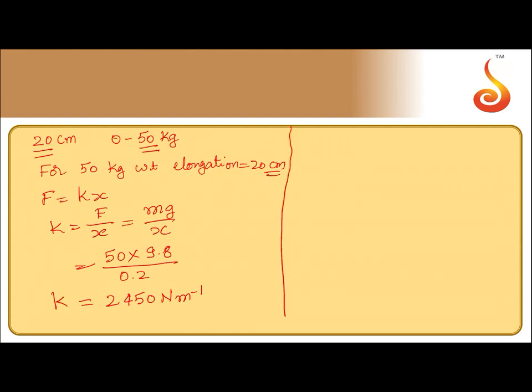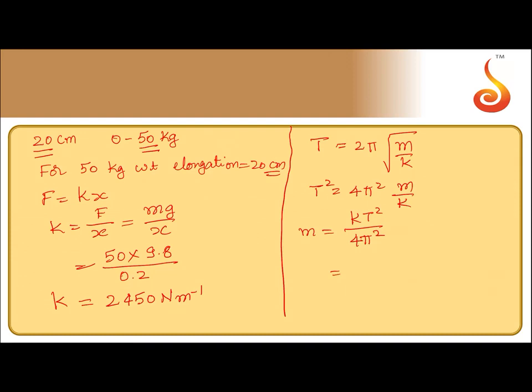Now, when a mass is suspended from a spring balance, time period of oscillation is given by T is equal to 2 pi root of M by K. You need to find M. Solve for M from this. T square is equal to 4 pi square M by K. So M is equal to K T square divided by 4 pi square.